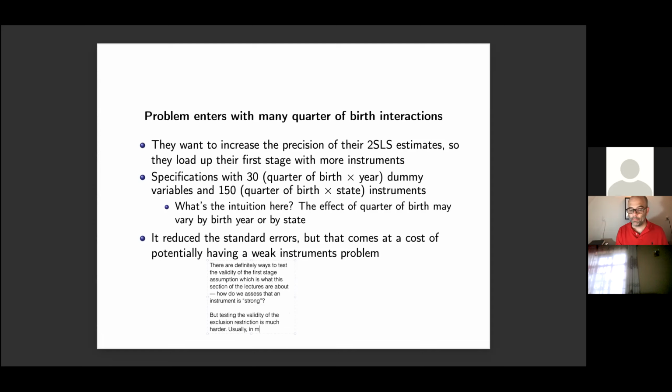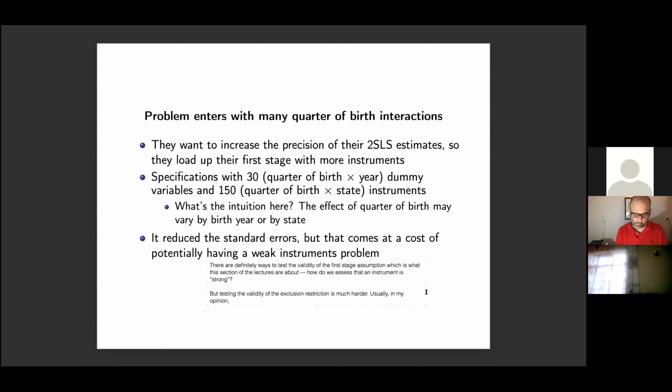Usually, in my opinion, you will need to argue for exclusion based on logic and deep familiarity with the thing you're studying. There are tests called over-identification tests, but they require multiple instruments and strong assumptions about those instruments beyond exclusion.